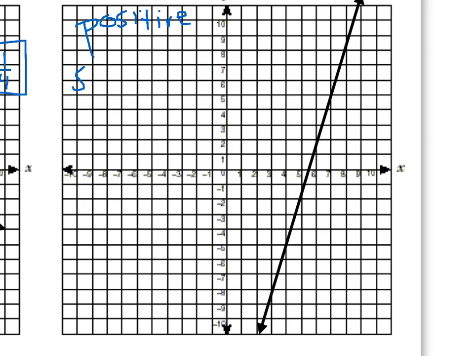We know that slope is equal to rise over run, and we need to now pick 2 points. So again, I'm looking for points where it goes right through the center. I see one here, and it looks like there's also one right here.